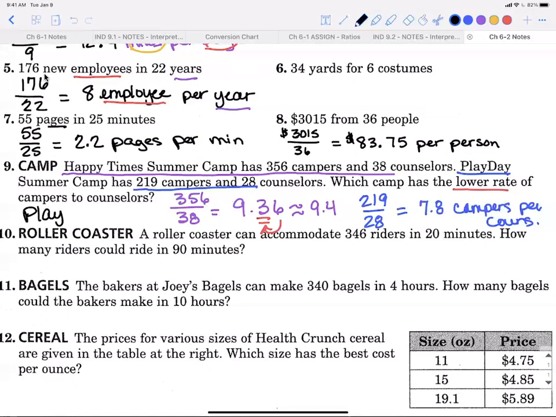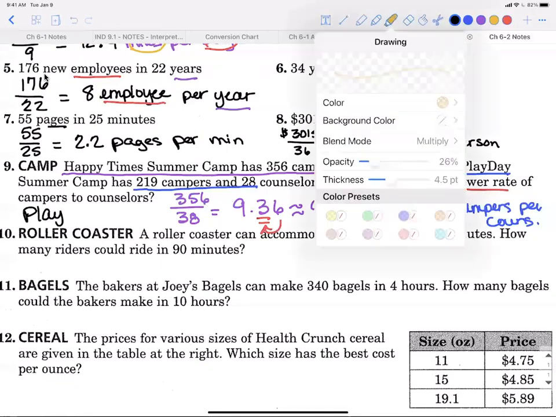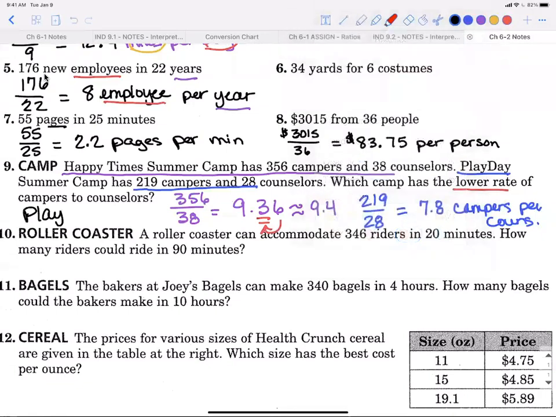The question was, I'll highlight it here in red, which camp has the lowest rate of campers to counselors? So your actual answer is Playday. That's what you're going to circle as your actual answer. You just have to show all of the other work to be able to answer it.